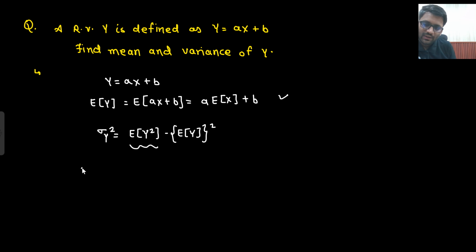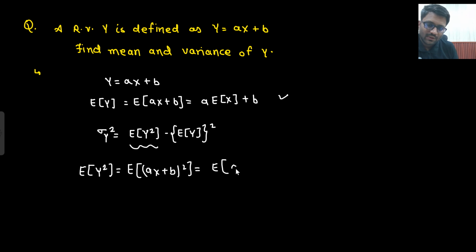So what we need to find is the expectation of y square. Can this be written as the expectation of ax plus b? Surely, it can be written as the expectation of (ax plus b) whole square as well.